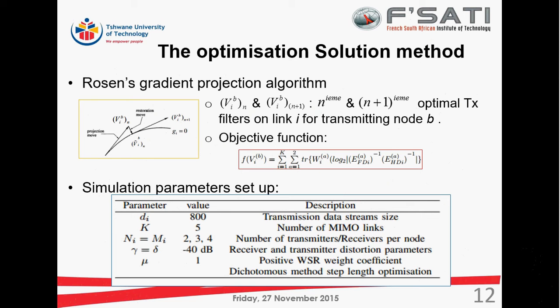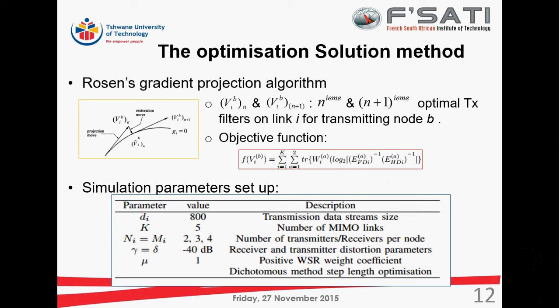The idea of having 2, 3, 4 transmitters and receivers per node was to test the impact of increasing the number of transmission and reception antennas on the overall channel capacity performance. We also have the receiver and transmitter distortion parameter gamma, given by minus 40 dB, and we are using a positive WSR weight coefficient mu of 1.